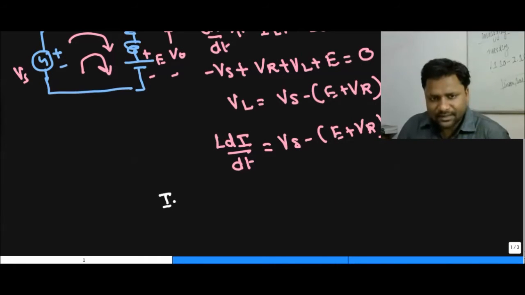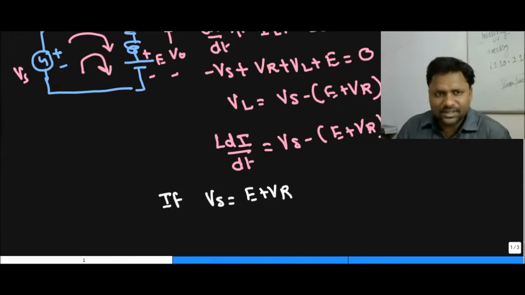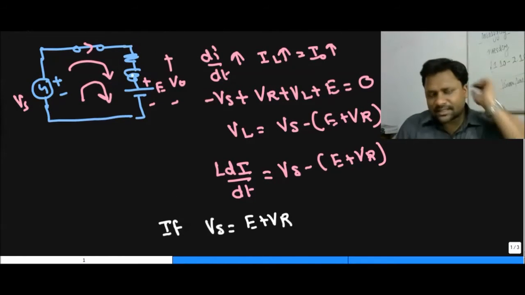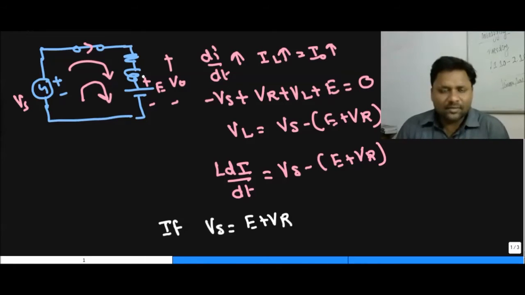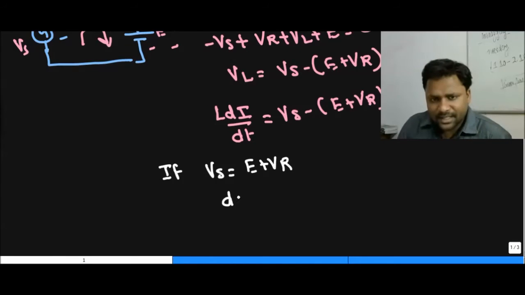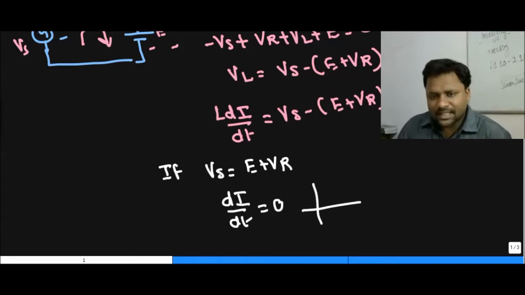Since the current is continuously flowing through the load resistance and charging the inductor, there will be a condition when Vs, the source voltage, is equal to E plus VR. Then we can say that di by dt equals 0. That means the current achieves its maximum value.